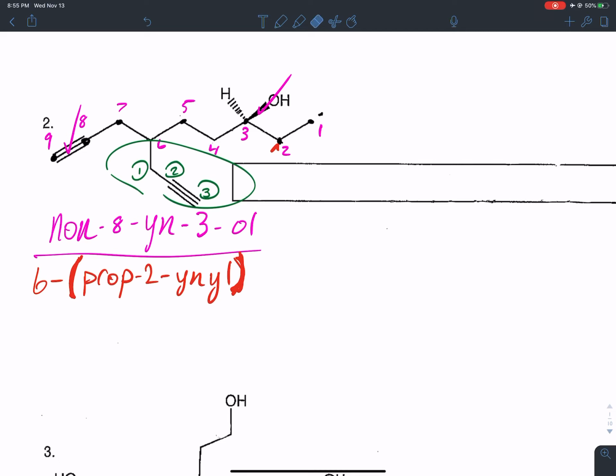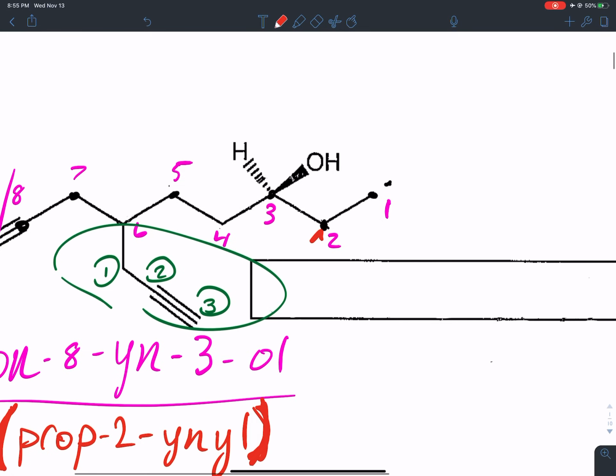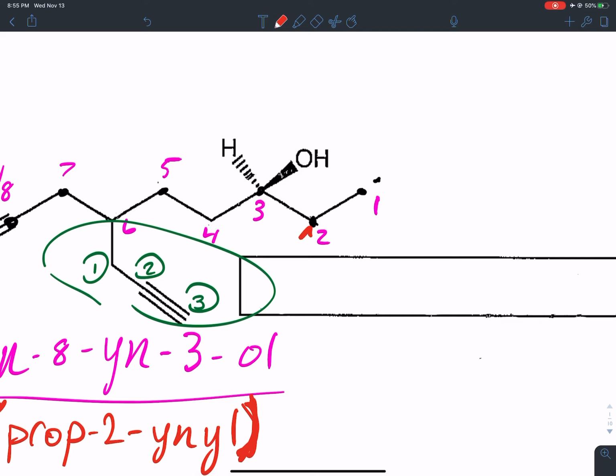So anything else we need to talk about before we name this thing? Stereochemistry, R and S stereochemistry. We're given these wedges and dashes. First thing you check, is it chiral? You may not need to do R and S. You may be given stereochemistry on a site that isn't chiral, and she may be trying to trick you. So we're going to check to see that this thing is chiral. How do you know if it's chiral? It'll have four distinct groups attached to it.